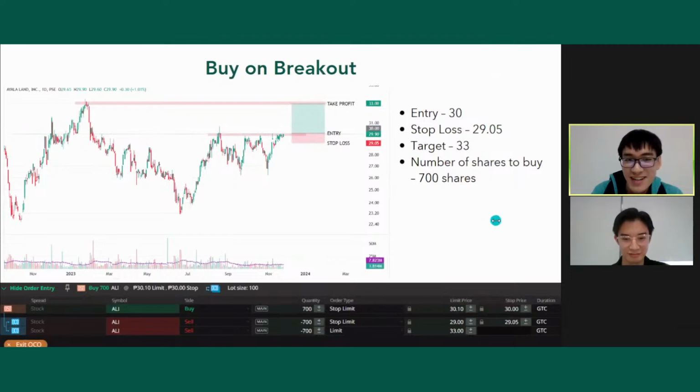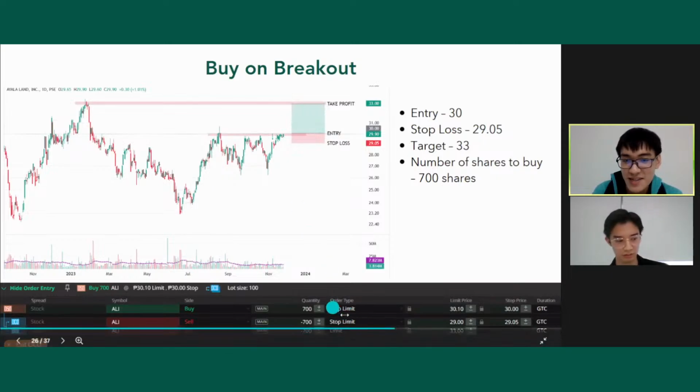So there. Here's another example. It's going back to the Ayala Land breakout trade. So how you would input this naman is ganito. Here, breakout, di ba breakout idea tayo? So you want to buy at the breakout of 30 pesos. Since price is not yet at 30, you have to wait for it to hit 30, diba?